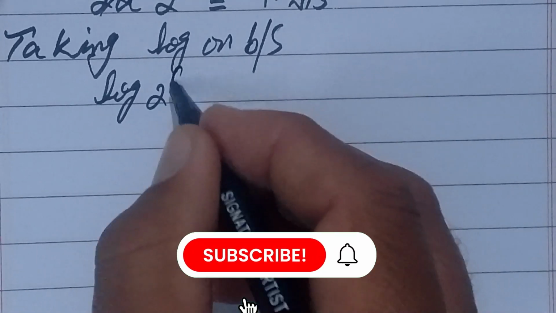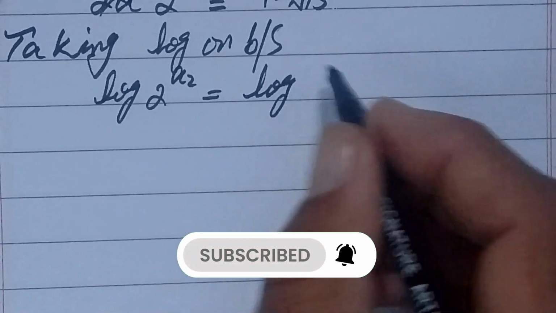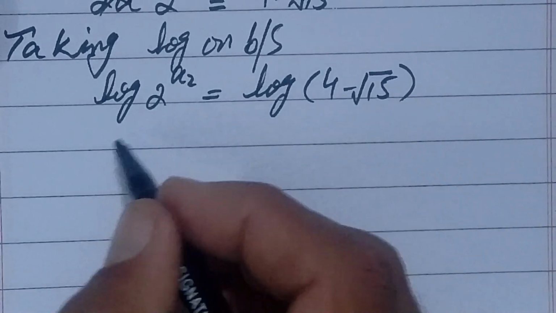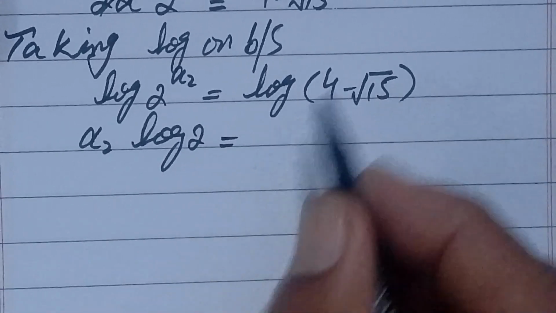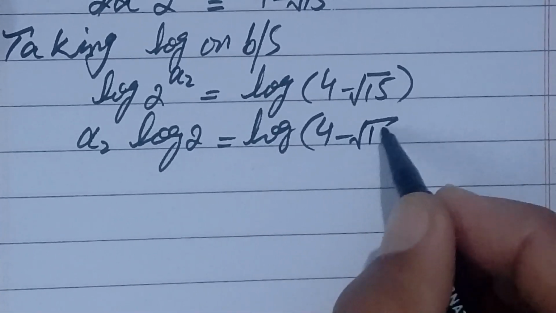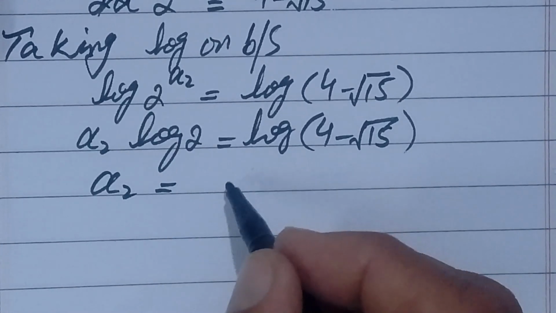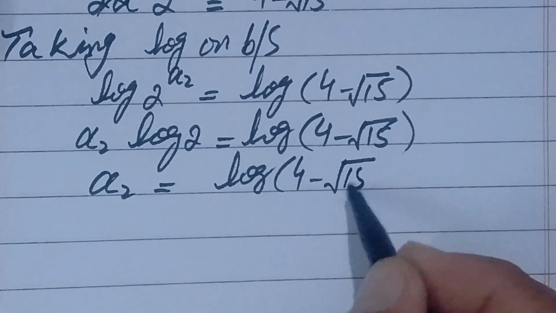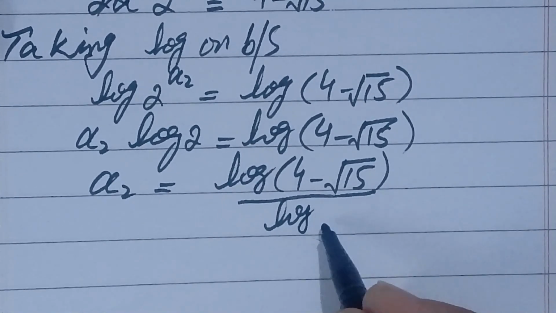Log 2 raised to the power a2 is equal to log of 4 minus under root 15. a2 log 2 is equal to log of 4 minus under root 15. a2 is equal to log of 4 minus under root 15 over log 2.